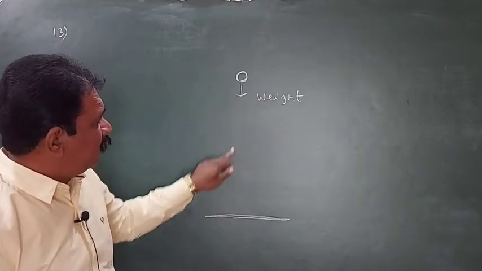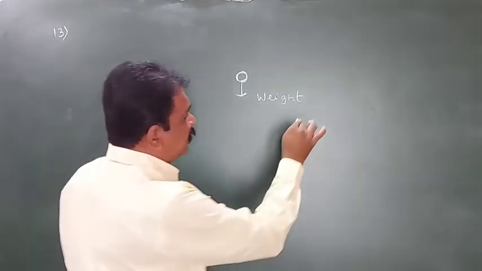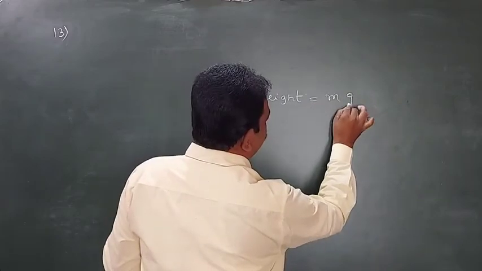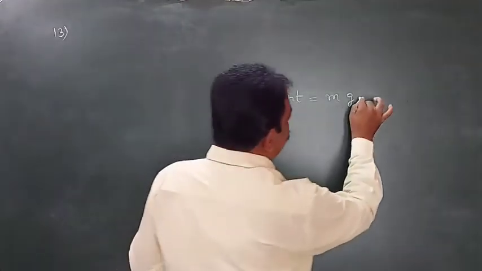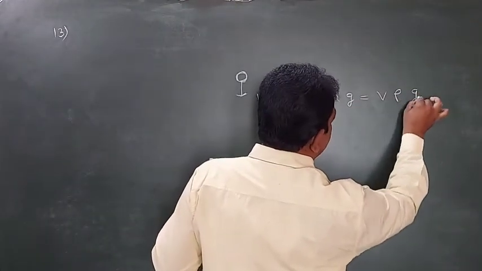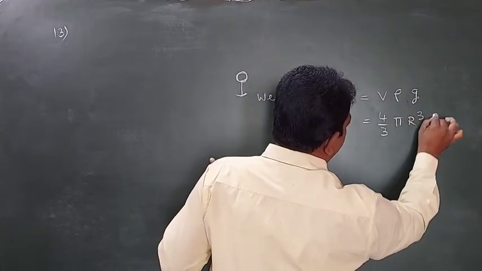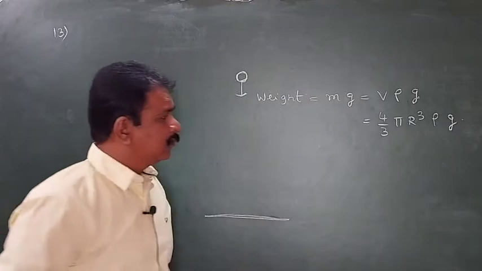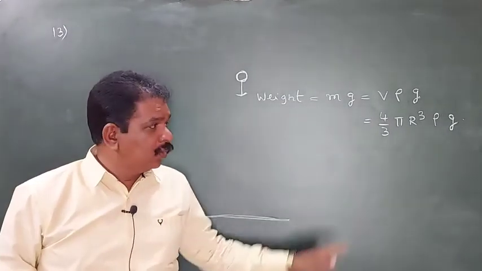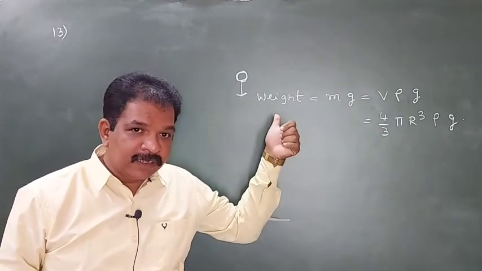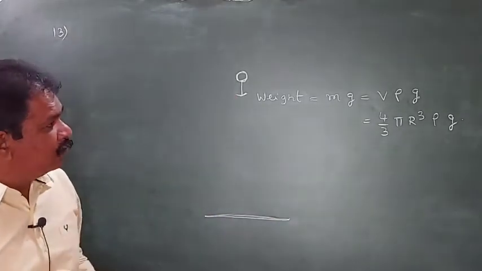Its weight will act in the downward direction. This value is equal to m into g. Mass is equal to volume into density. So this is 4 by 3 pi R cube rho g, where capital R is the radius of that drop and rho is the density of water. Understand? This is the downward force.